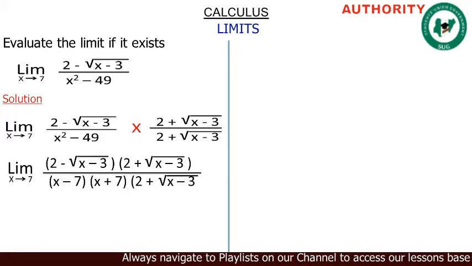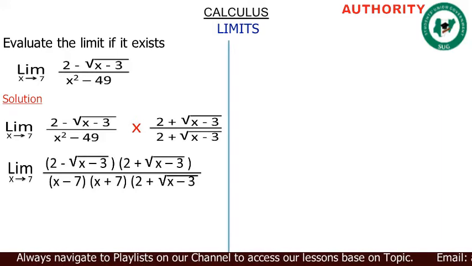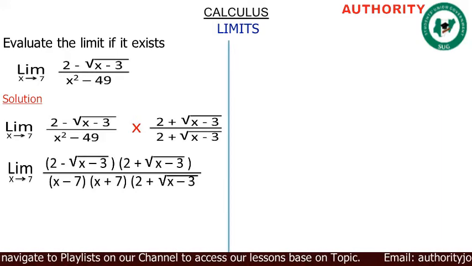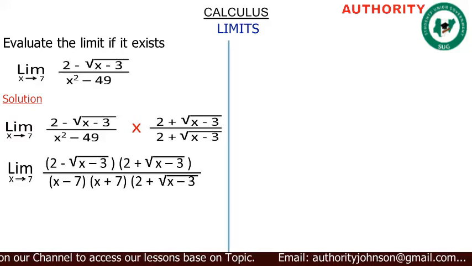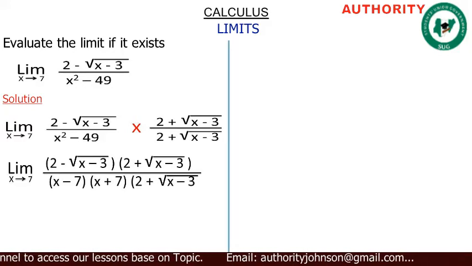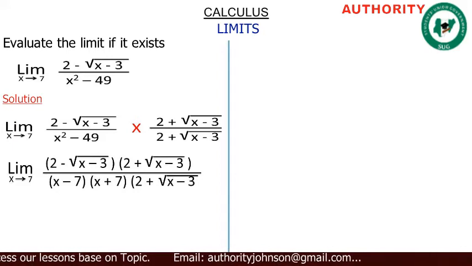So that means we are going to write 49 as 7 squared since it is a perfect square. So we are going to have x squared minus 7 squared.